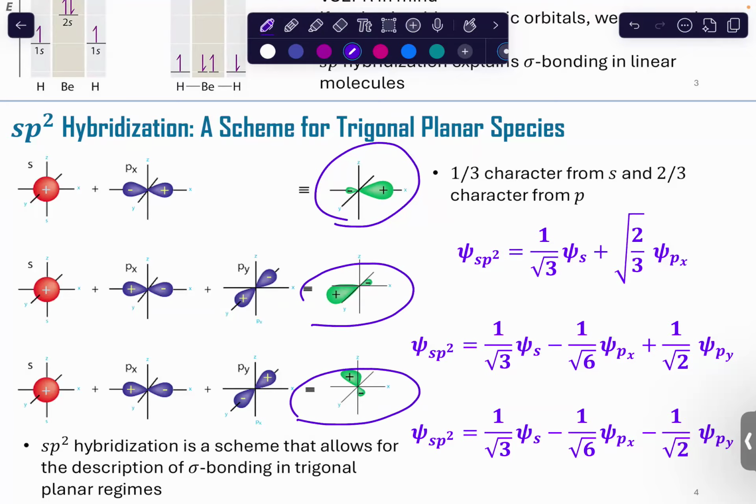That's why you're getting a mixture of x and y. So as you see, those are going to go right between the xy axes. And they're going to point a little bit more towards the y, so you get 1/2 y and 1/6 of x character.